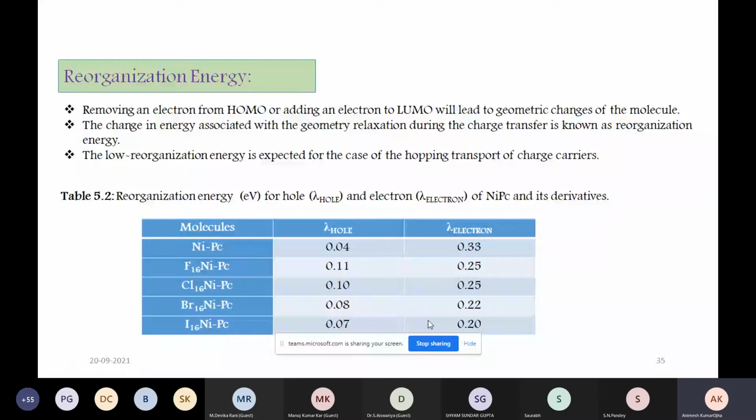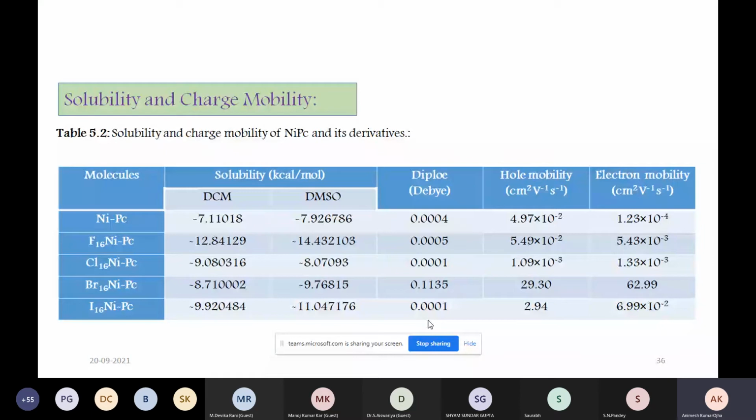Now here is the solubility, because in order to put this electron transport layer, we have to get this dissolved in a certain solution. So we have to check the solubility, and the solubility of these designed materials is good in DCM and DMSO.